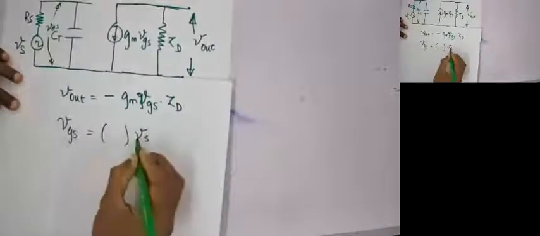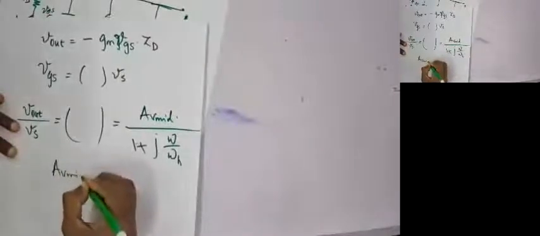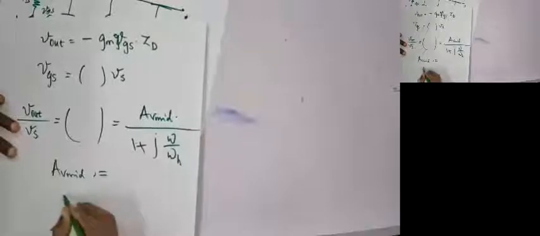So from here you will have something into VS. Substitute that here, bring this VS to this side. So you will have V out by VS as a function, and then rewrite that in the form of AV mid divided by 1 plus J omega by omega H, and from that calculate AV mid and omega H. So I have two questions for you.